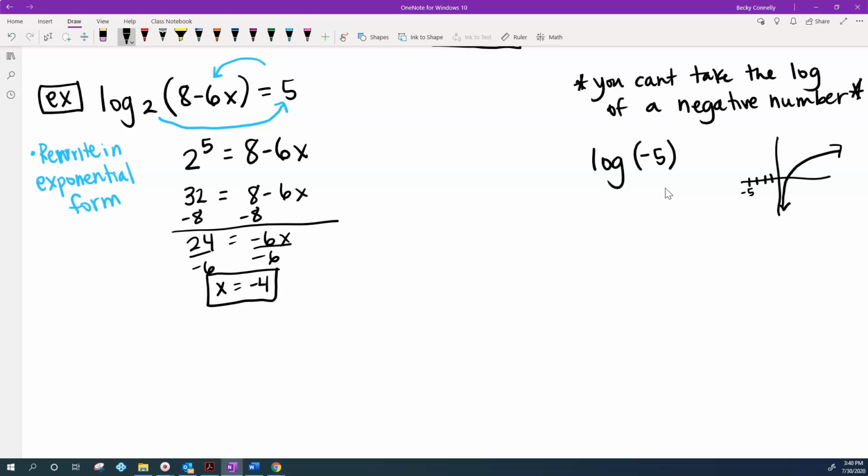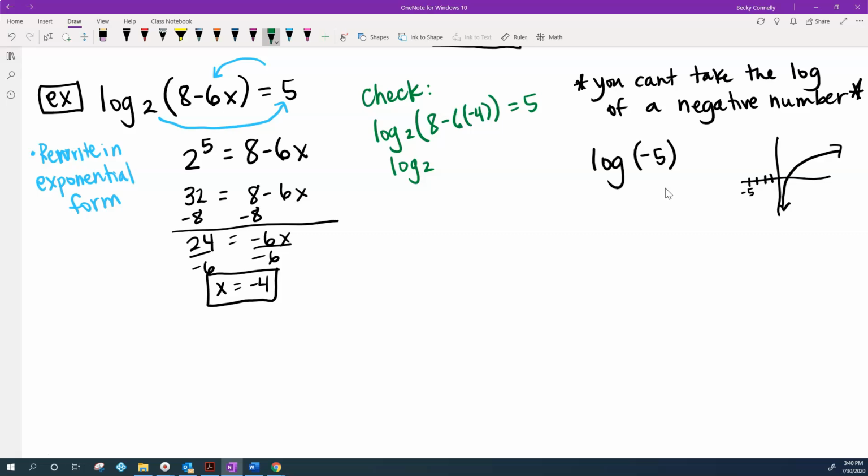But sometimes students hear that and think, oh, this can't be a solution because x can't be -4. Well, look at when we do the check on this. If I put -4 in here, so log base 2 of 8 minus 6 times -4 equals 5, look at what happens inside here.